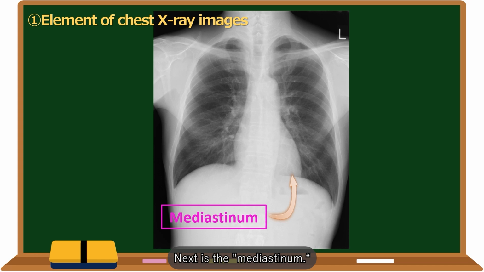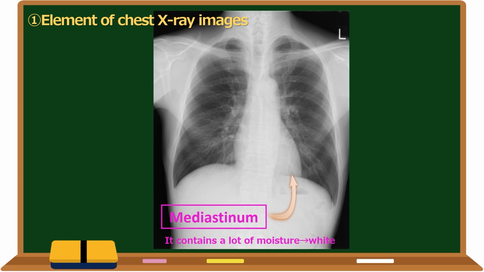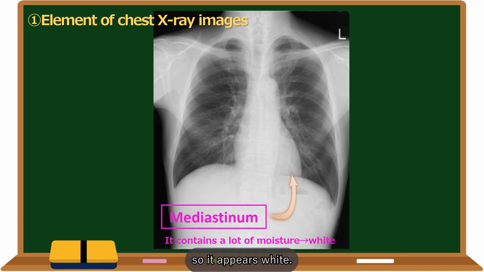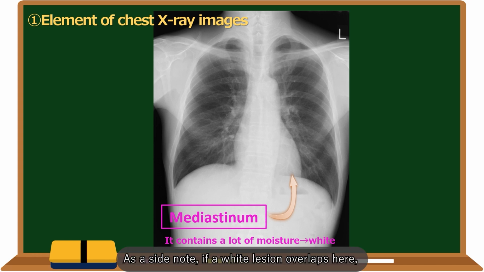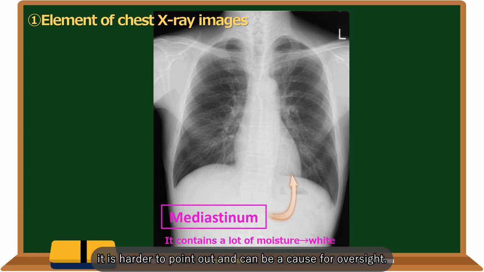Next is the mediastinum. It contains a lot of moisture and tends to absorb X-rays. In other words, X-rays have a harder time reaching the film, so it appears white. As a side note, if a white region overlaps here, it is harder to point out and can be a cause for oversight.